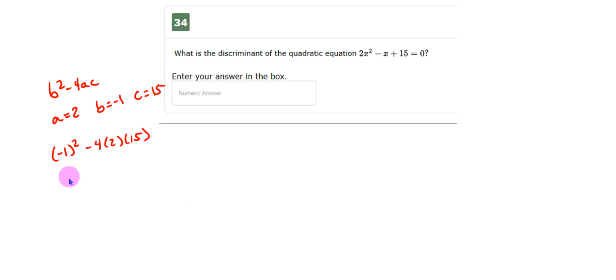And should get, what, 1 minus whatever 8 times 15 is. 1 minus 120, so negative 119.